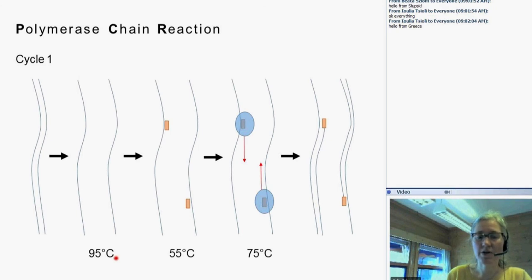Then in the next step, the DNA is cooled down again to 55 degrees. And then we have something here that attaches itself. This is the marker that we are attaching. It's basically a string also of nucleotides that is complementary to the DNA here, and they put themselves here.